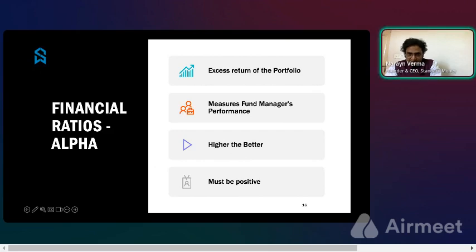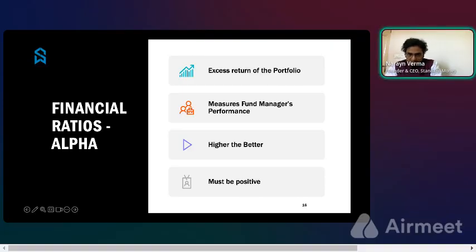So there should be excess return. If the risky security also gives you 4%, there is no point of taking risk. There should be excess return, and that excess return for every unit of the risk that you took is represented by alpha. This is also often called fund manager performance, but it simply shows you the excess return you receive for every amount of risk you take.